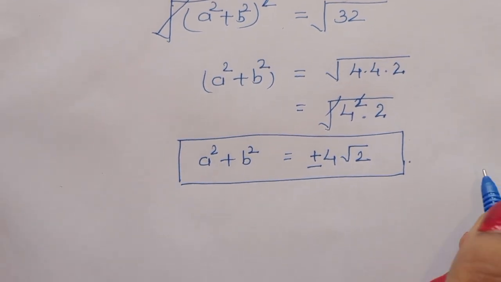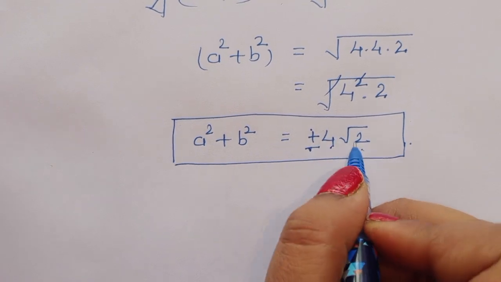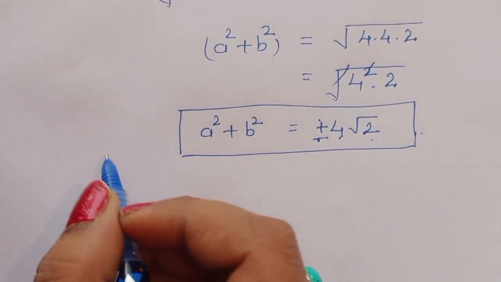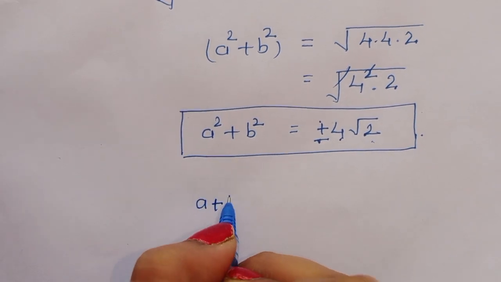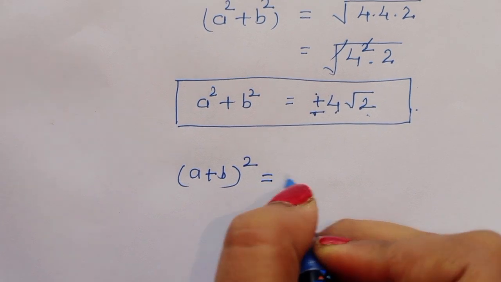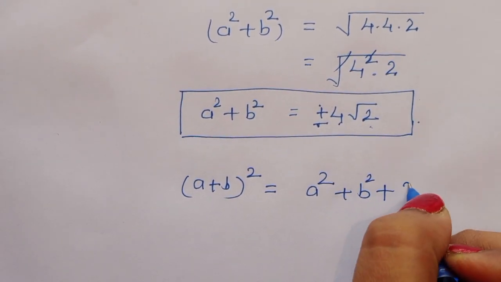Now here we got two values, that is plus 4 square root of 2 and minus 4 square root of 2. But we can consider one thing: a plus b whole square is equal to, by the formula, a square plus b square plus 2ab.